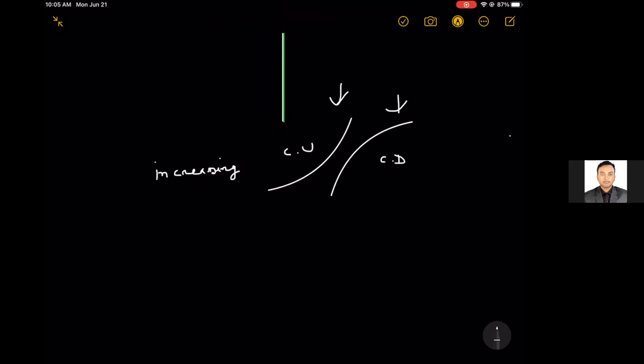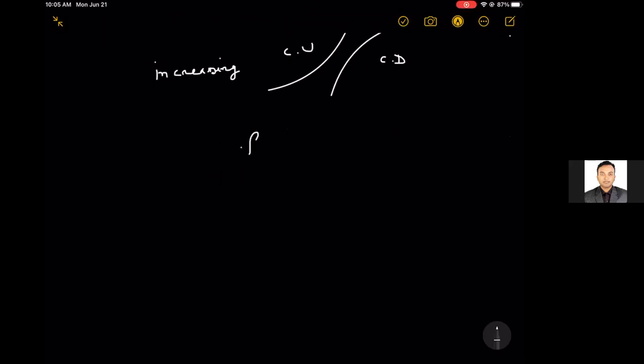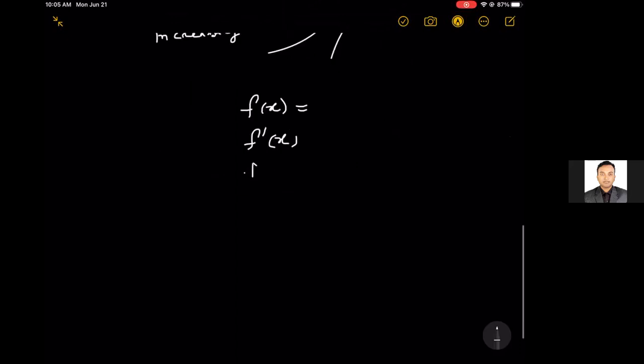Right? Okay. Now, the good thing is, if the function itself is given, if somehow, let's say, I give you the function, then it's even better, right? If the function is given, I can actually calculate this. I can find the derivatives.